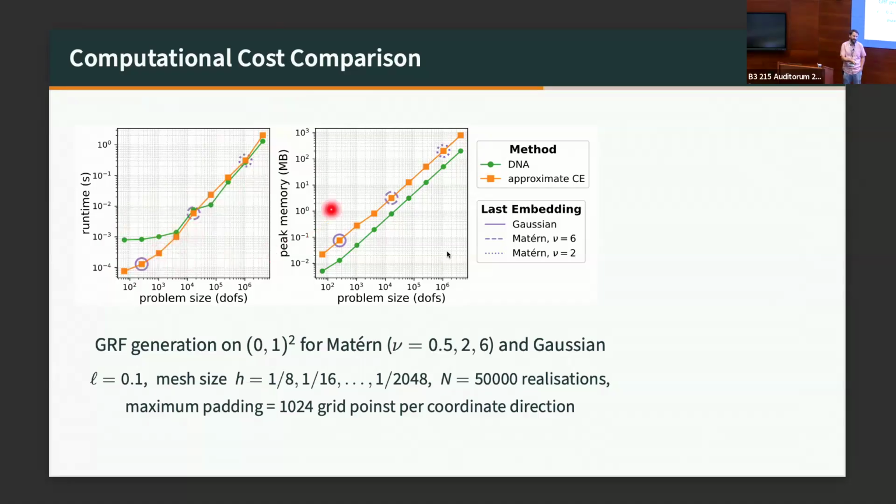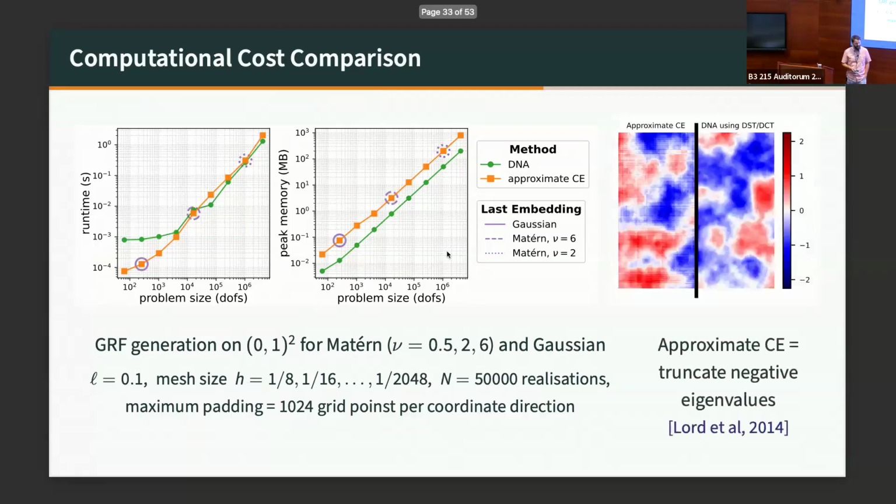But it needs 4 times less memory. Secondly, this approximate circular embedding produces random fields that have artifacts. By throwing away negative eigenvalues, I actually create streaky type random fields. So you might not want that. So this is what ours creates.